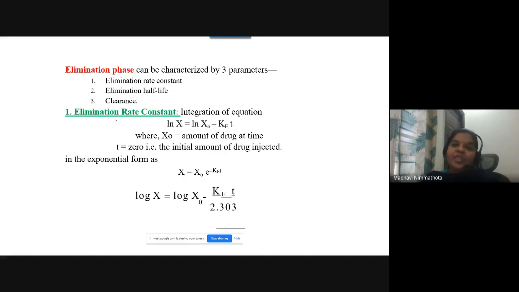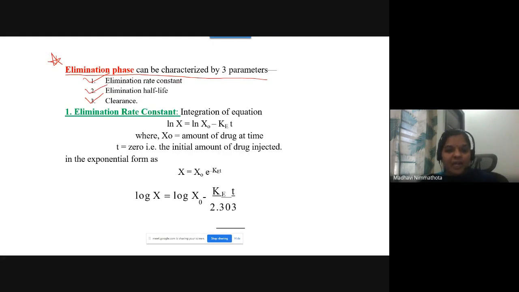And then this elimination phase can be characterized by 3 parameters: elimination rate constant, elimination half-life and clearance. So when you want to write about this IV bolus injection, you have to explain all these things, including this elimination phase characterization.